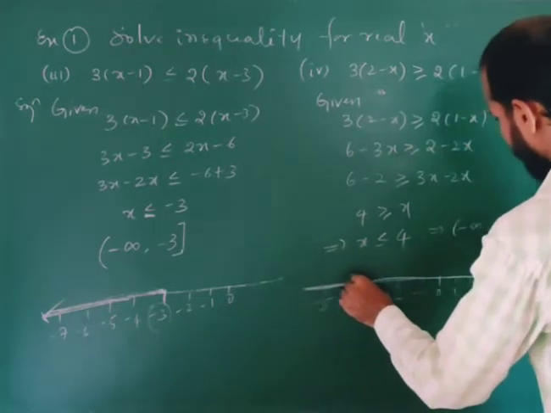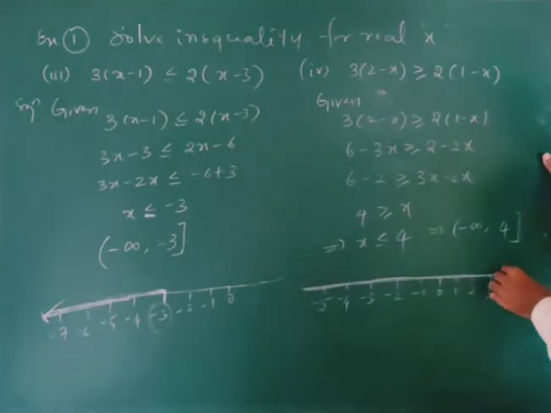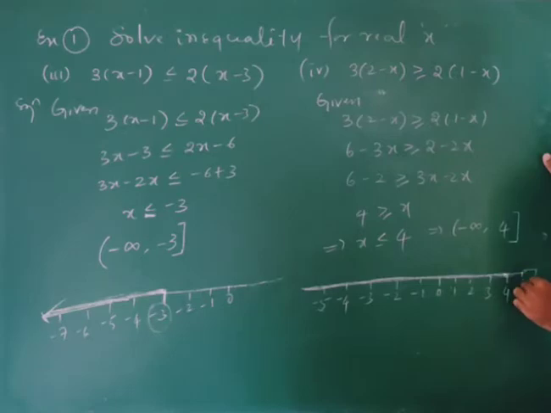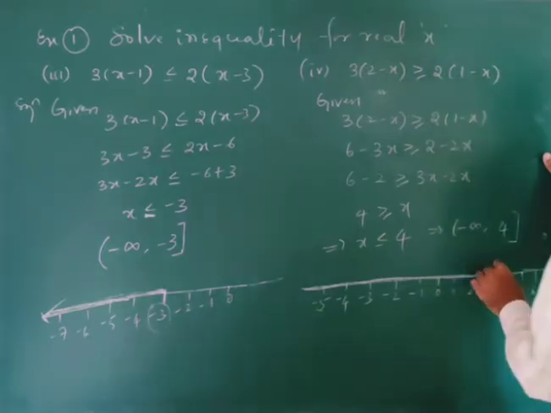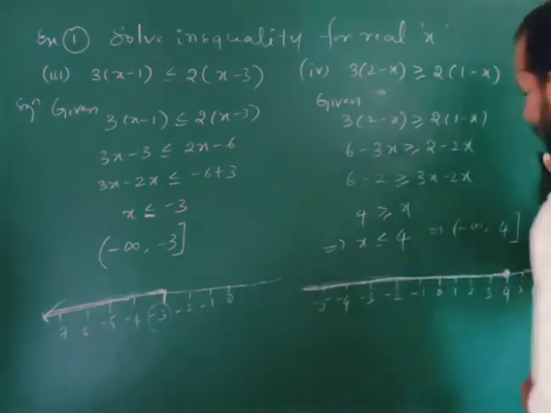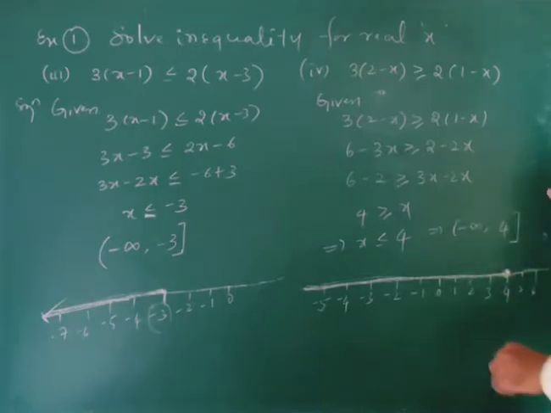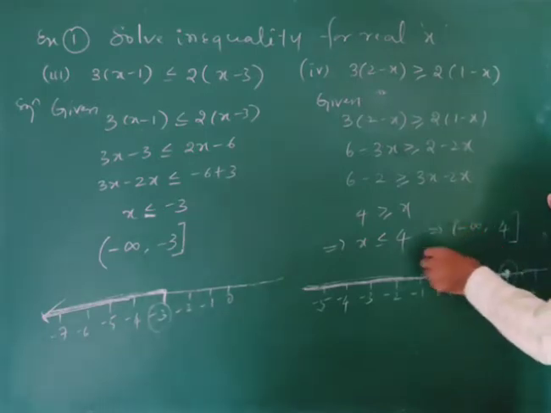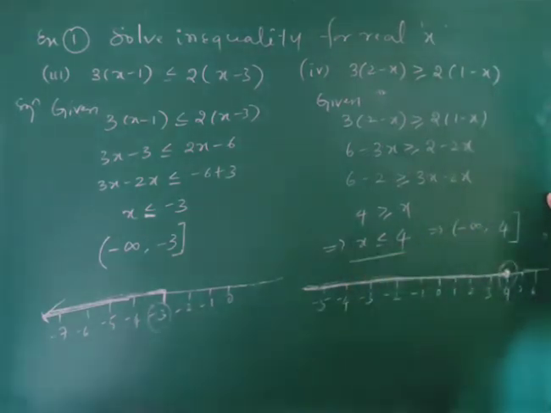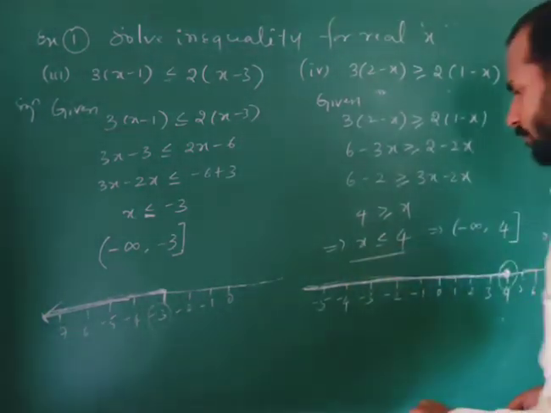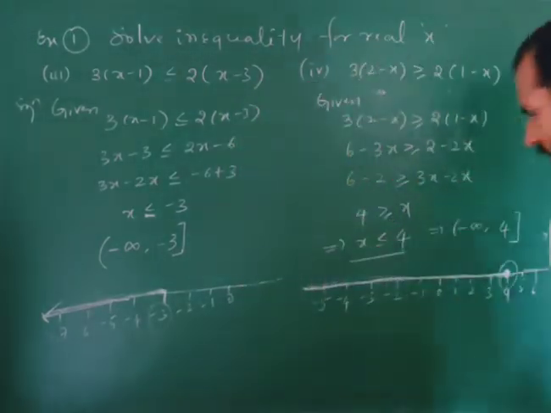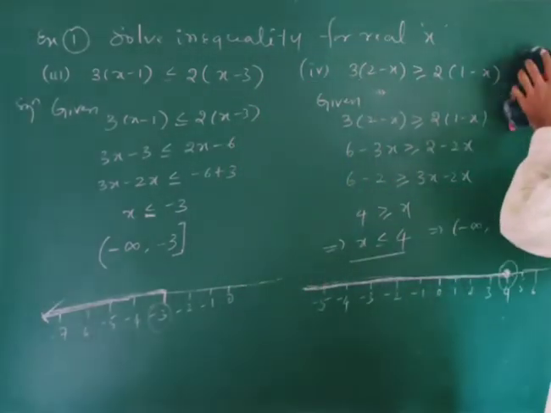This region is nothing but our set of interval, that is minus infinity to 4, including 4 also in that particular set, that is x is less than or equals to 4, right? Next we will see some other examples.